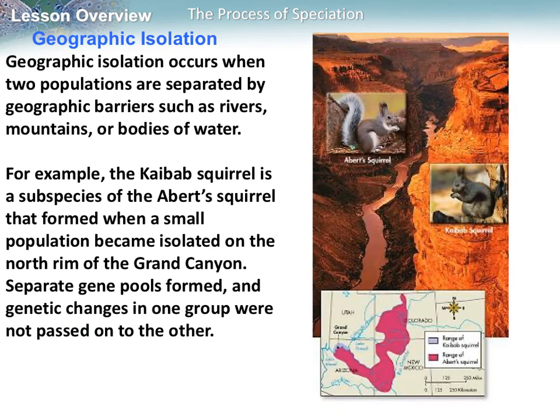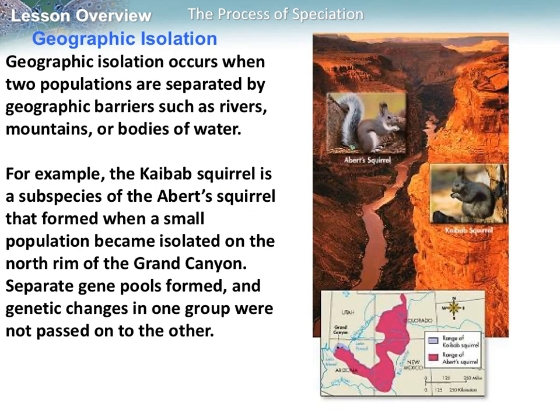The next kind of isolation is called geographic isolation, when a population is separated by geographic barriers like rivers, mountains, or bodies of water. So there were two populations of squirrels in the Grand Canyon, and a small population of the Abert squirrel became isolated on the north rim of the Grand Canyon, and that forms two separate gene pools, and now we have a subspecies called the Kaibab squirrel.